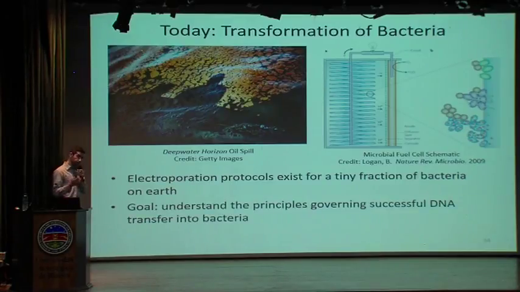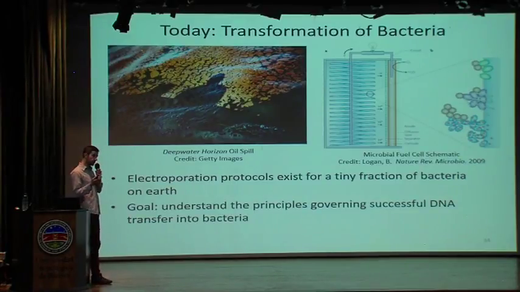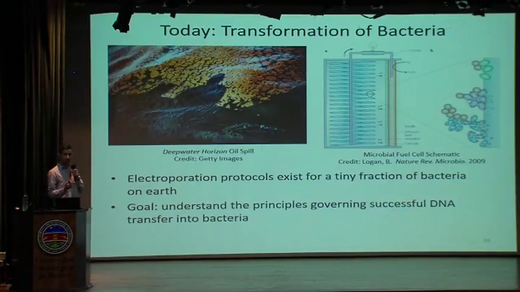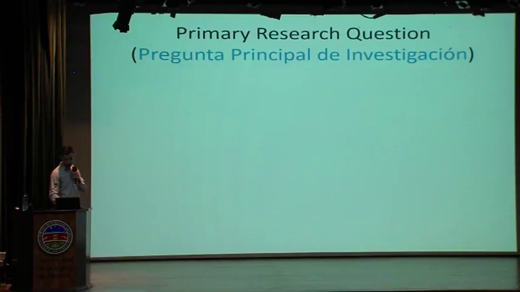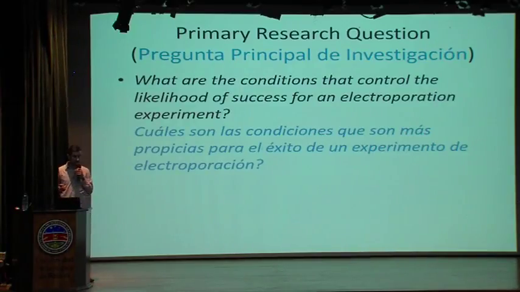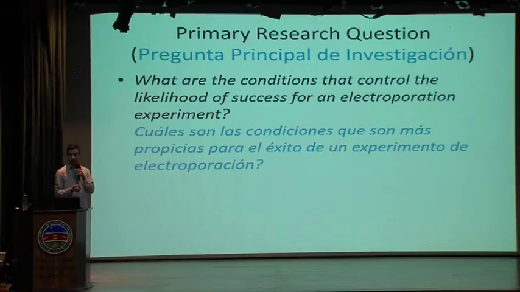So the goal of this work is really to understand the factors, the principles that control success. What controls success of a particular electroporation experiment? So again, the primary research question is, what are the conditions that essentially maximize the likelihood of success? What are the conditions that are most conducive to success?